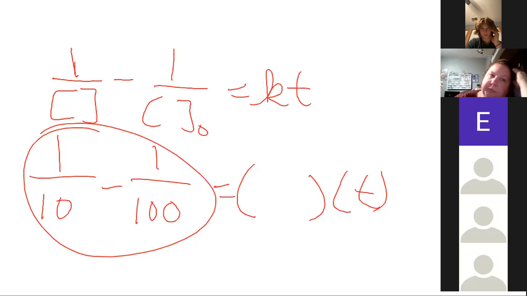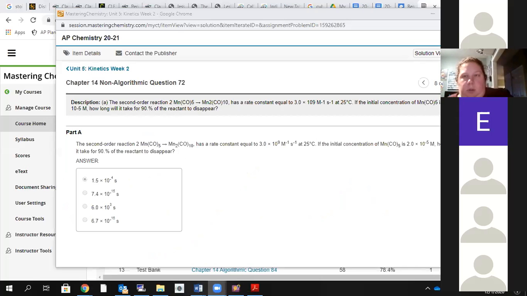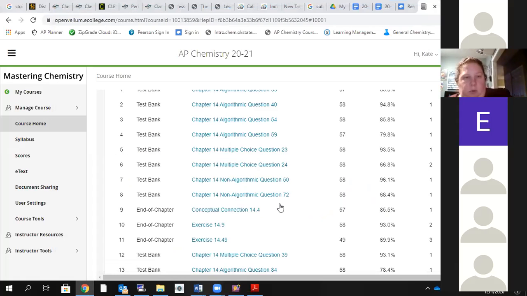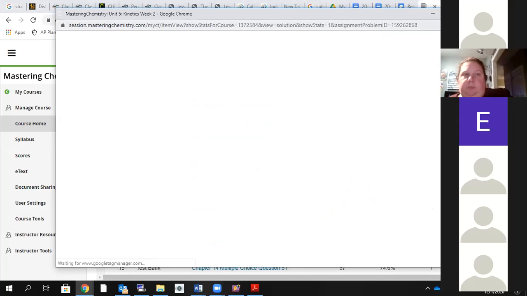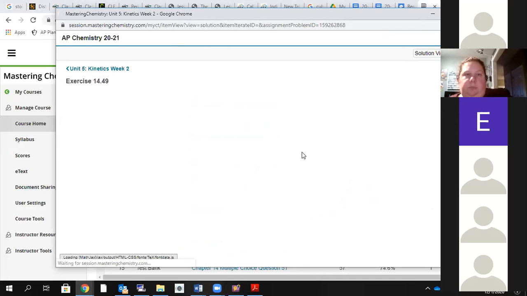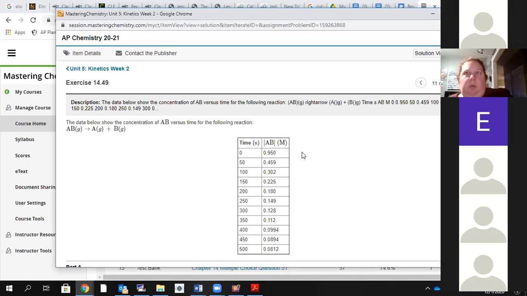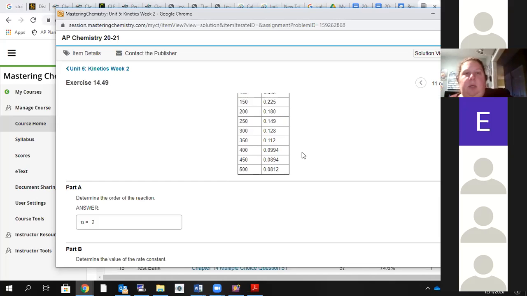And then can we do question 11? I didn't know how to find the order for it based on the chart.